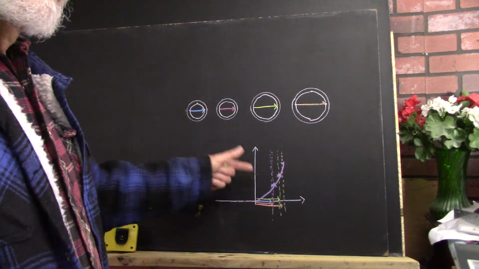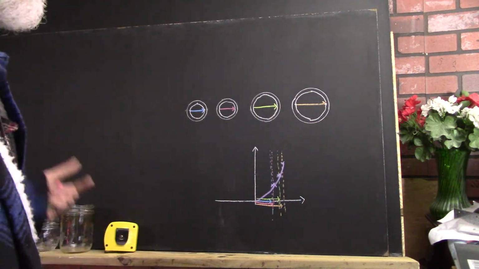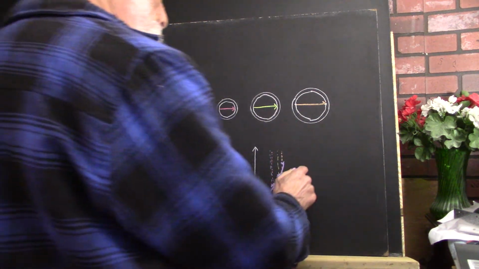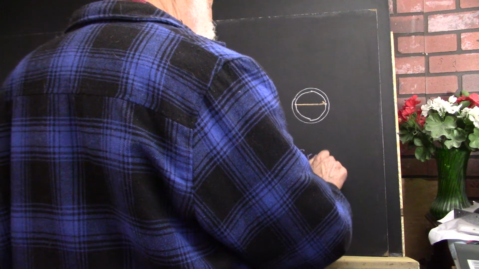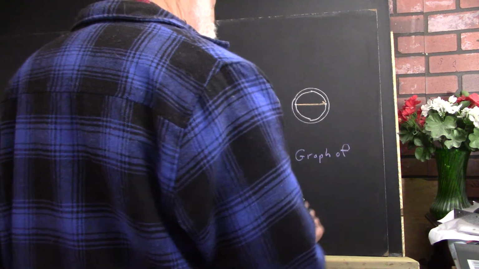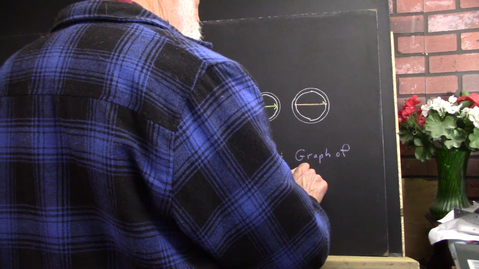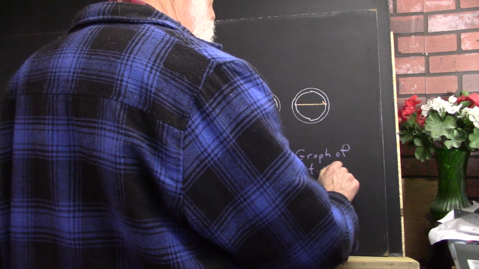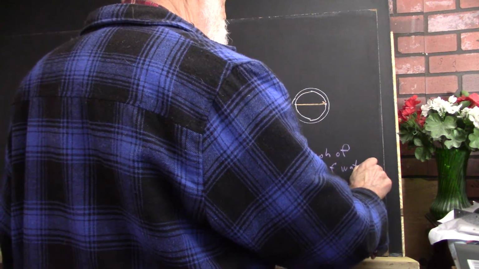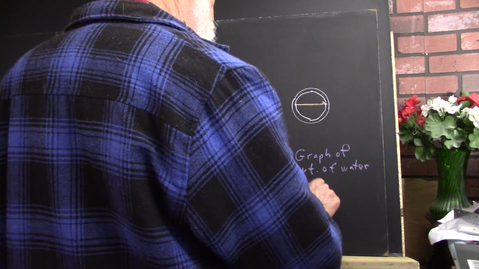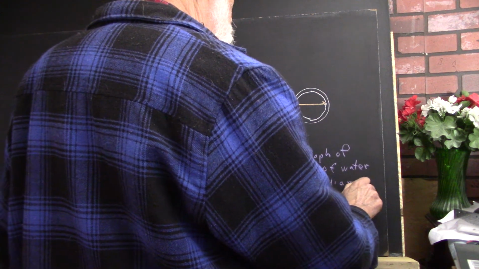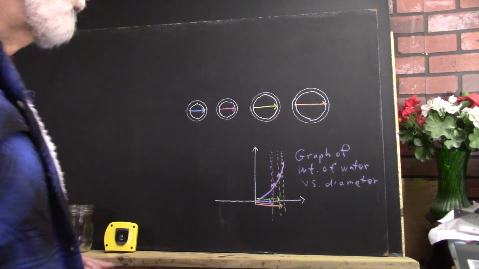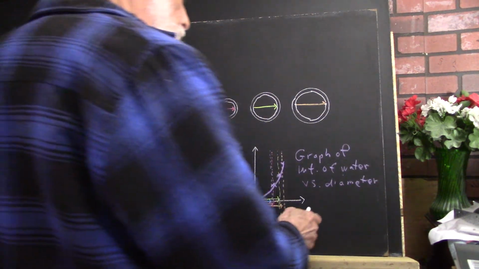That isn't very accurate. It looks a little different than this, but it kind of has a lot of characteristics of this graph. So the purple line is a graph of the weight of the water versus diameter of the inner diameter of the jar.